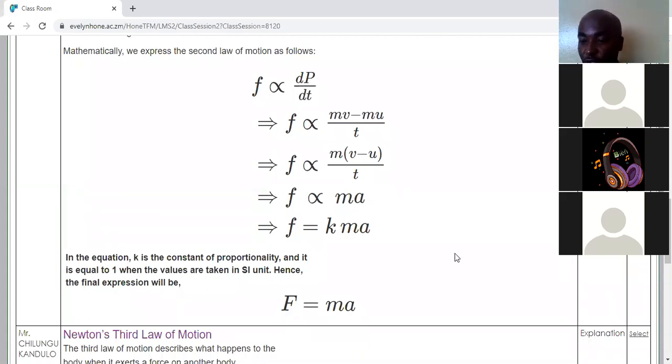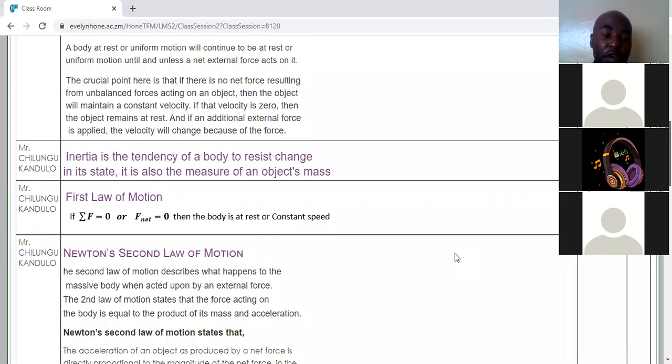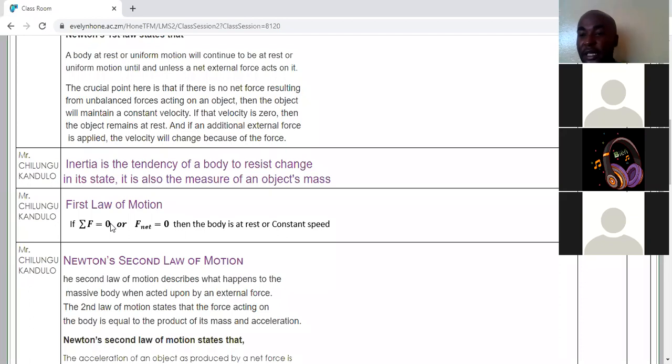Then for the first law, if there's no net force acting on a body, when all the forces are balanced, the force to the left is equal to the force to the right, then the body will either be at rest or moving at a constant speed. So constant speed and rest are equilibrium positions.